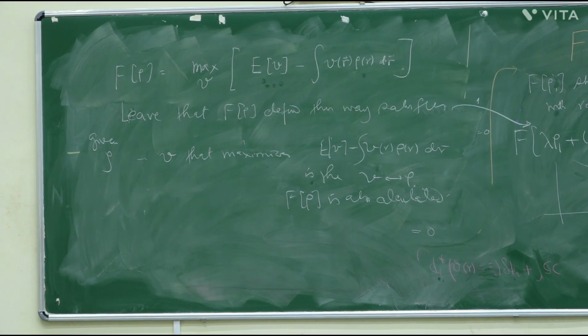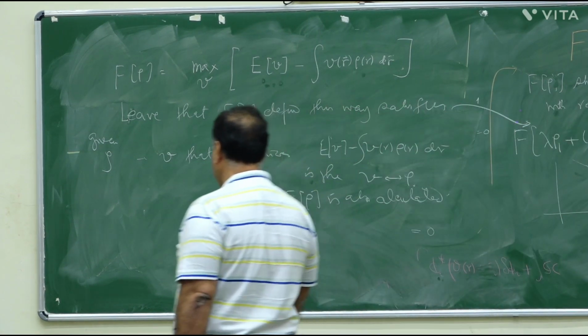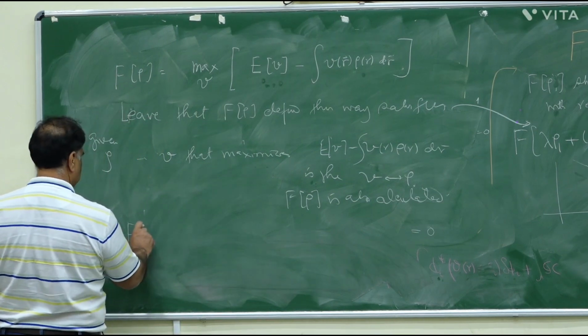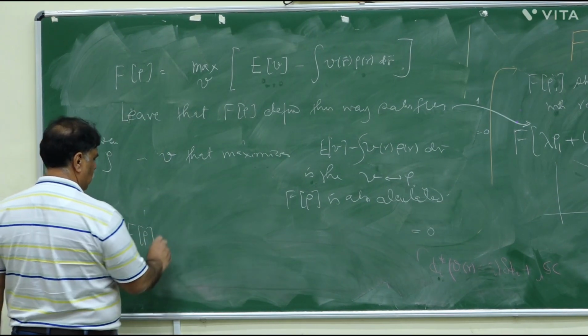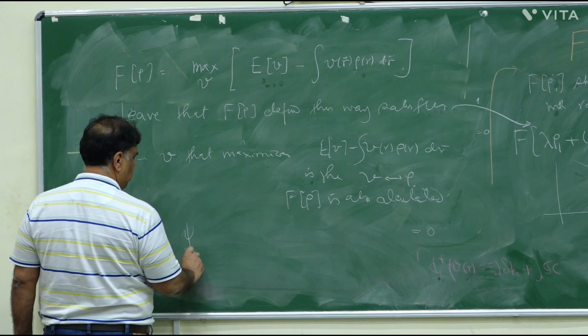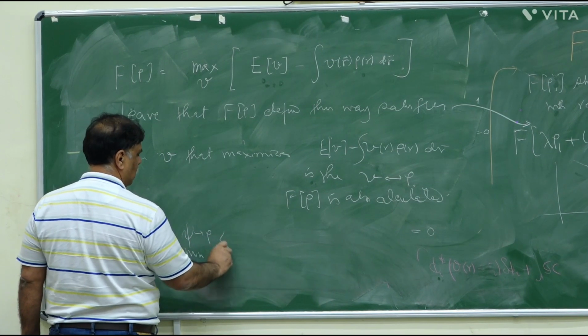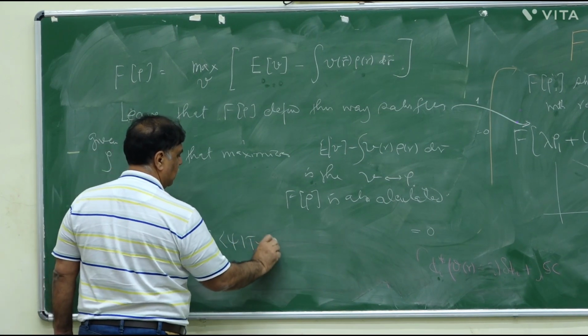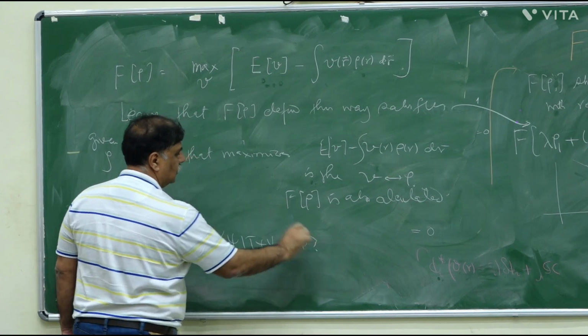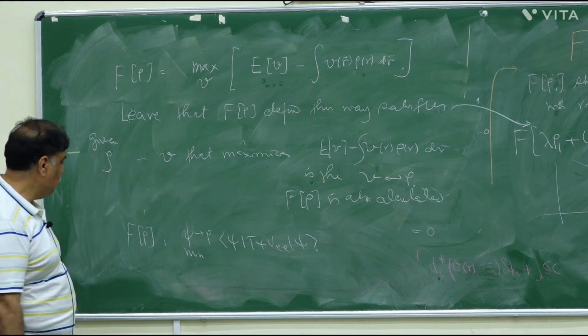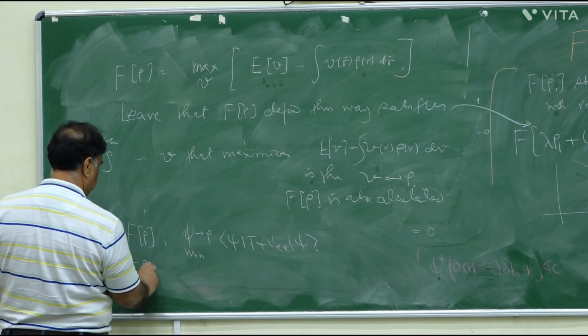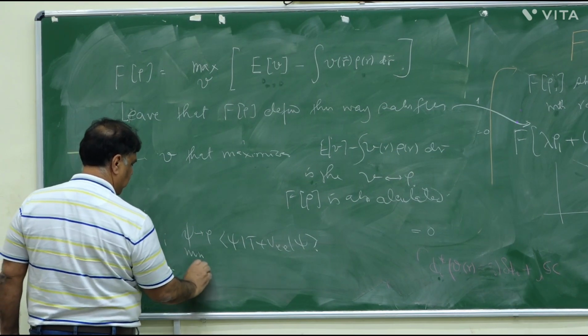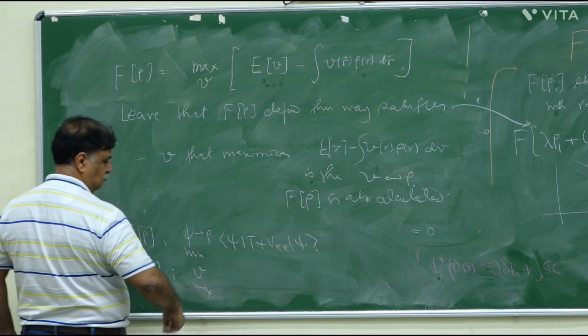So I've given you two schemes. One is F rho equals the minimum over psi of psi, T plus Vee, psi. And F rho equals the maximum over V of E[V] minus the integral of V rho.